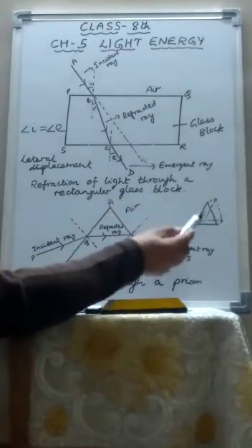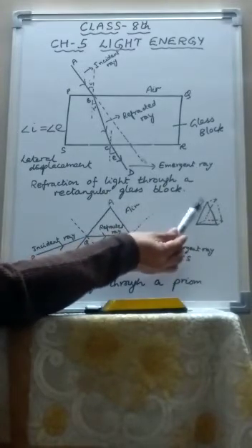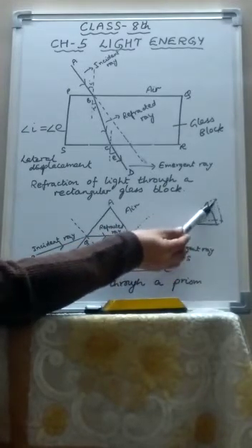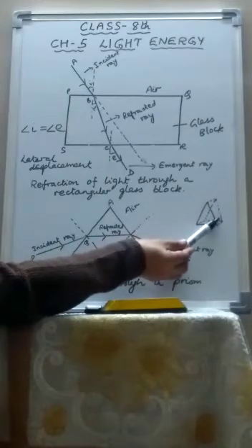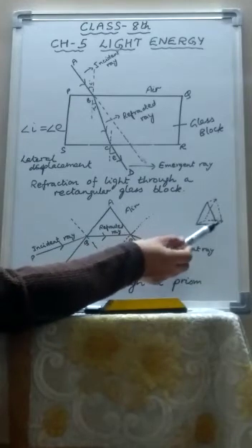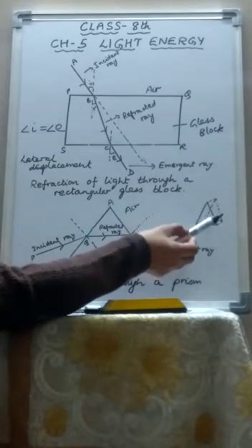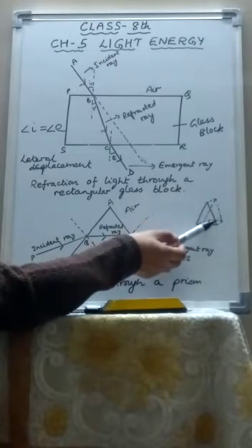But how many total plane surfaces does it have? 5. See, this front first, then back second, then this third, and the base. 1, 2, 3, 4, 5.